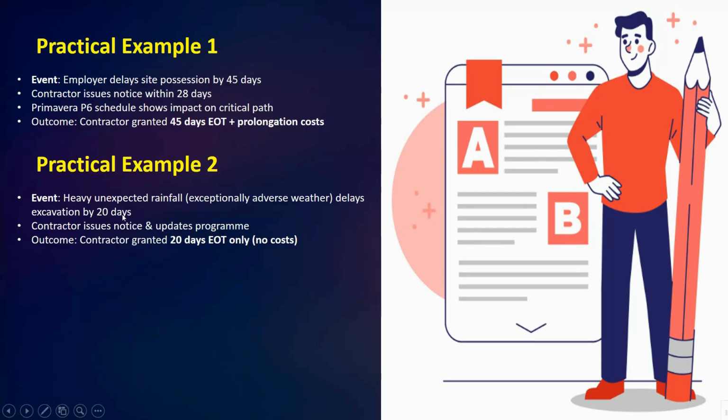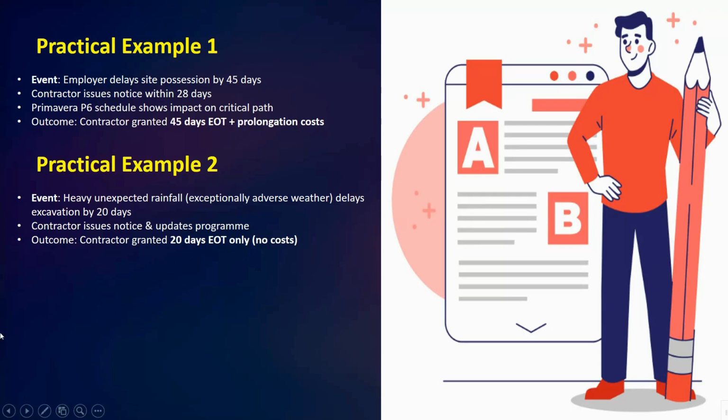The event is clear: the excavation got 20 days late due to the heavy, unexpected rainfall. The action was that the contractor issued the notice in time and updated the Primavera P6 schedule to show the impact on the critical path. For the results, the engineer confirms that the weather was adverse, but it is a neutral event not caused by either party.